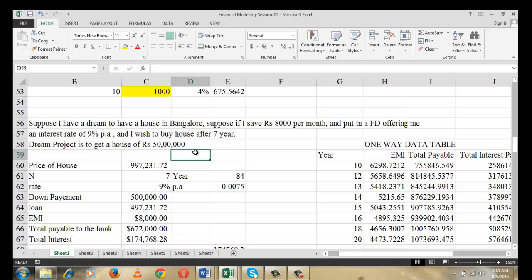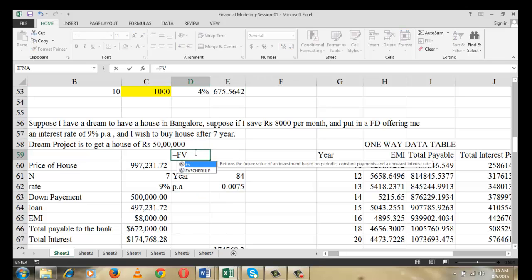So you can use the future value of an annuity, where the rate of interest was this, NPER was this, and PMT means every month I'm putting 8,000 rupees.